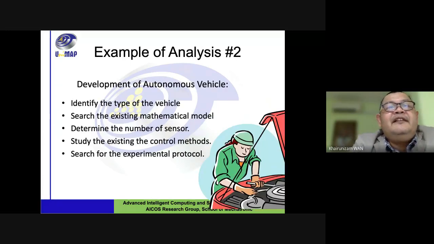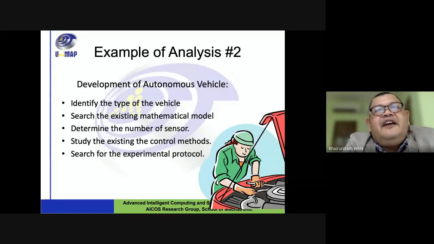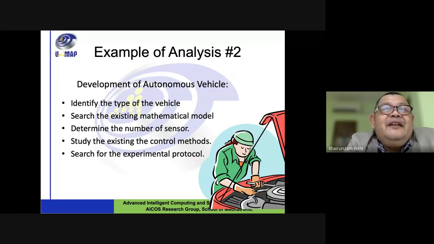We see the second example of analysis: development of an autonomous vehicle. In the analysis, first you have to identify the type of the vehicle that you want to investigate. Second, search the existing mathematical model.